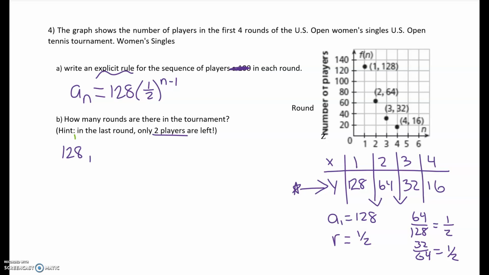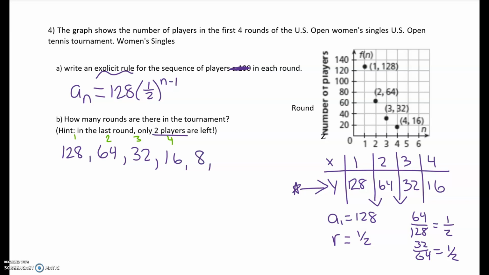Okay. If we lose half of the players, or half of the players are eliminated each time, the second round we said had 64. That's round 2. Round 3 is going to have half as many of those people. Round 4 is going to have half as many as those. Those are what we currently have. So we want to keep going. Let's half 16.